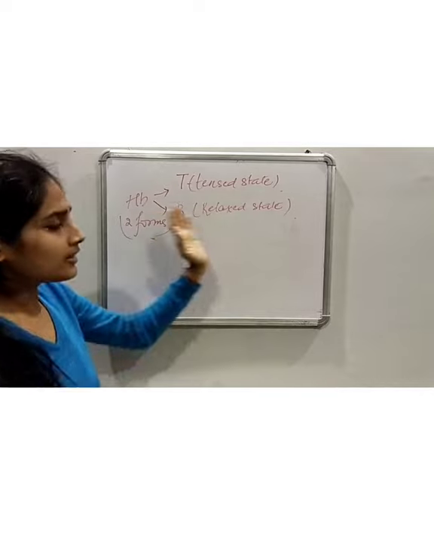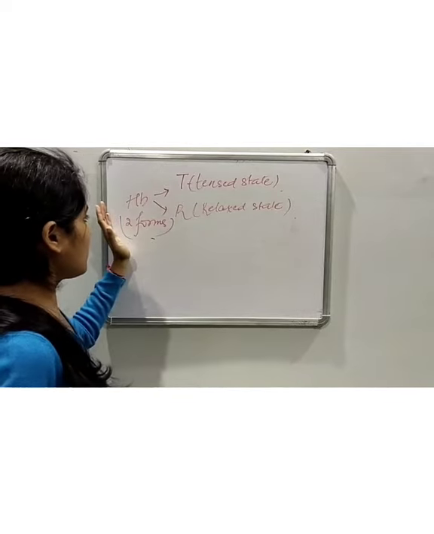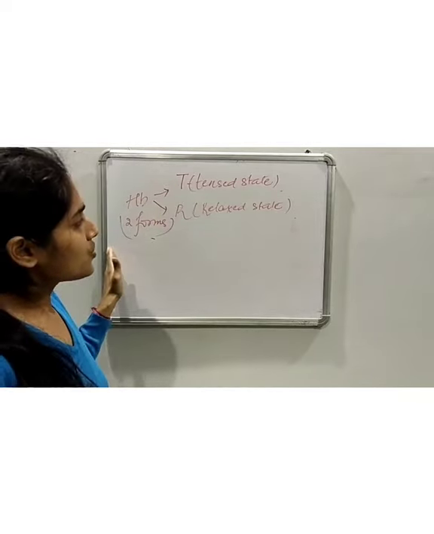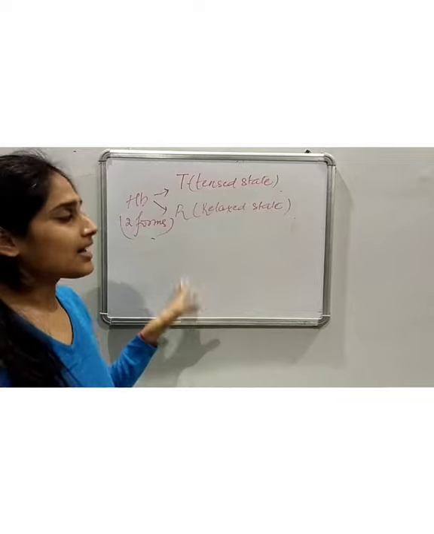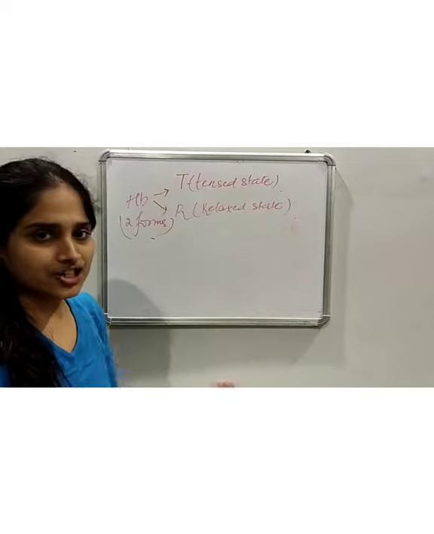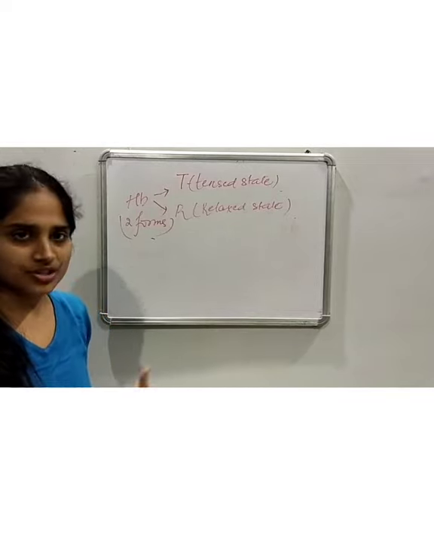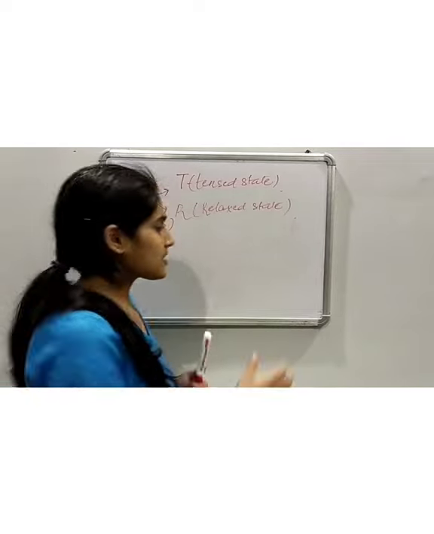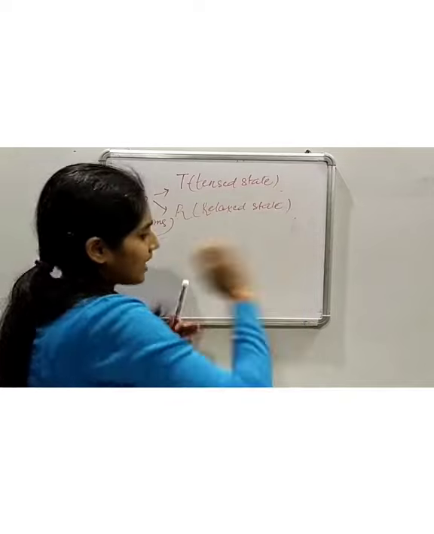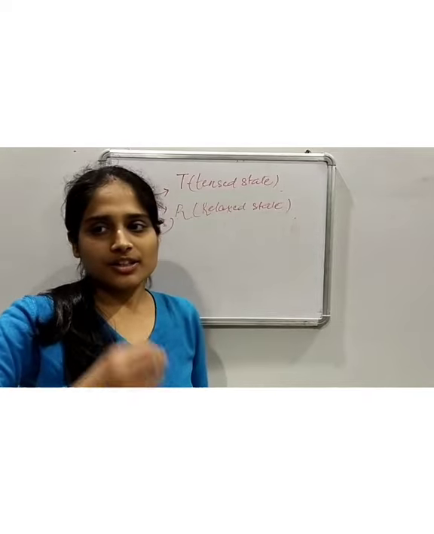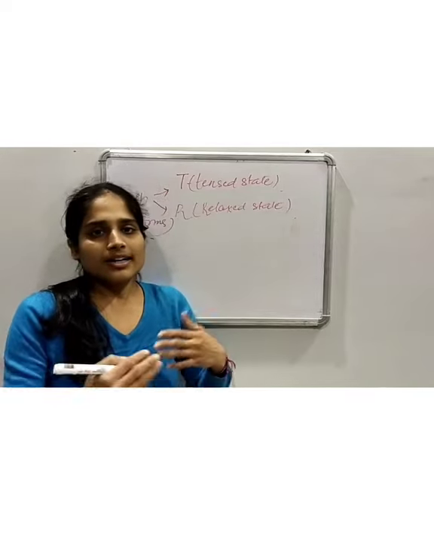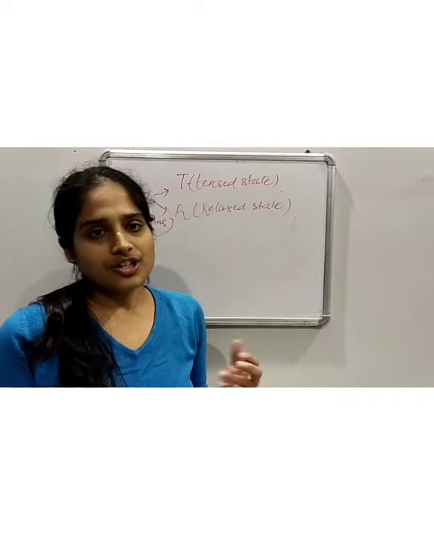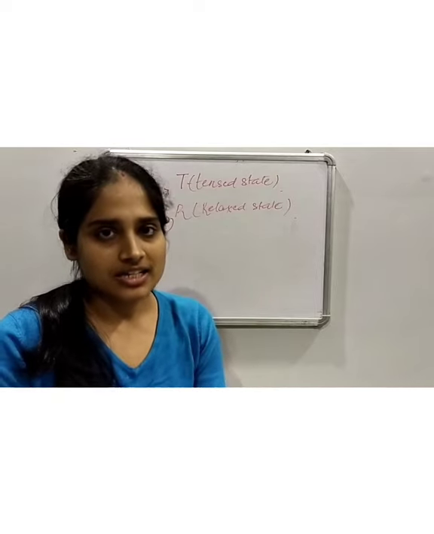So hemoglobin transports oxygen in the relaxed state, and then during the gaseous exchange between oxygen and carbon dioxide, the relaxed state is converted back into the tensed form, so the affinity for oxygen is lost and the oxygen molecules are released.